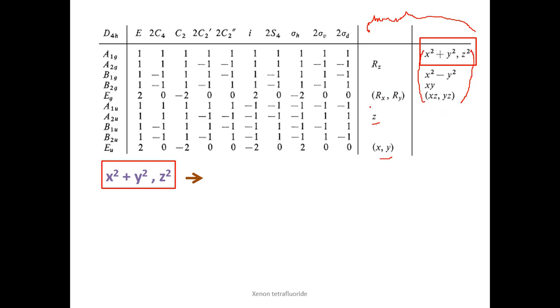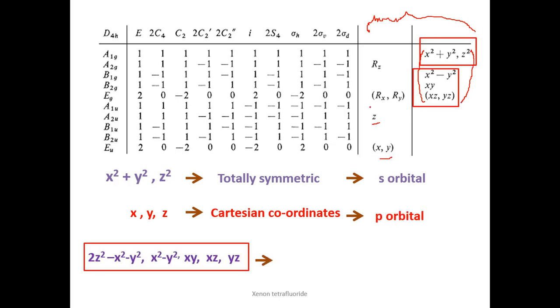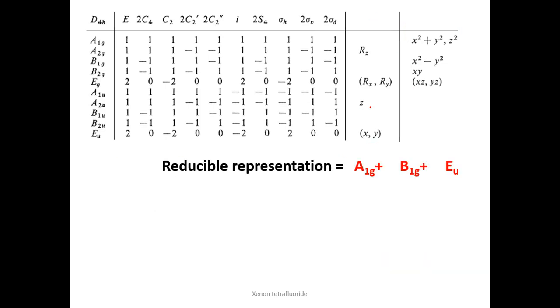When you have x squared plus y squared, z squared, etc., it is the totally symmetric s orbital. When you have x, y, z Cartesian coordinates, p orbital. When you have 2z squared minus x squared minus y squared, x squared minus y squared, xy, xz, yz quadratic terms, d orbital.